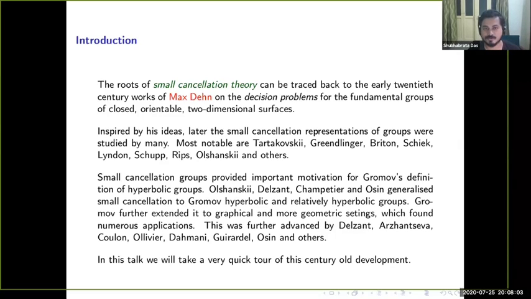He solved those problems, the word problem and the conjugacy problem. And while solving those problems, he observed certain behavior of the presentation of the fundamental groups.